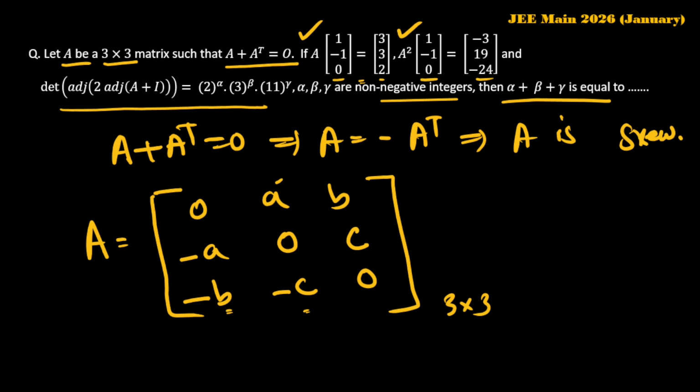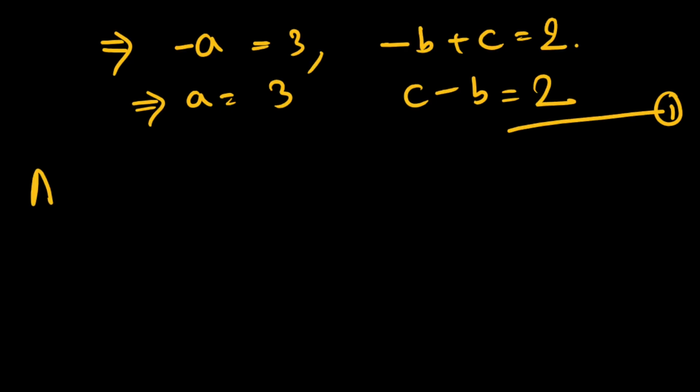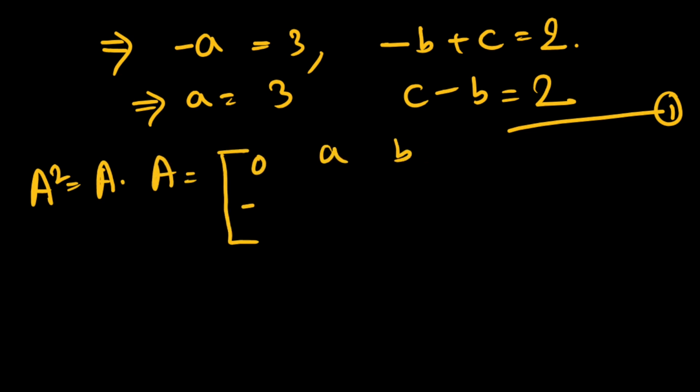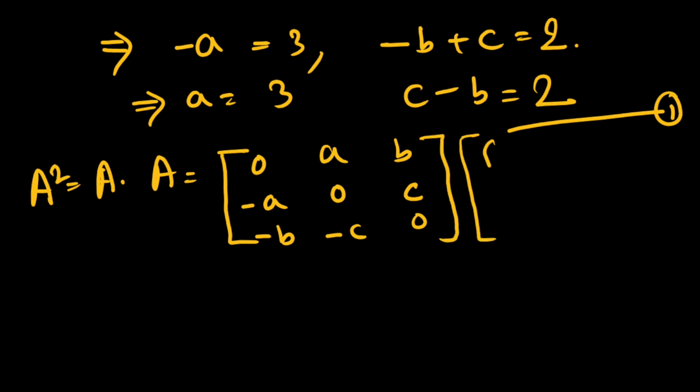The next condition is A square multiplied by this matrix is equal to this matrix. So first we find the value of A square. A square is equal to A multiplied by A, that is 0, a, b, minus a, 0, c, minus b, minus c, 0, times the same matrix.